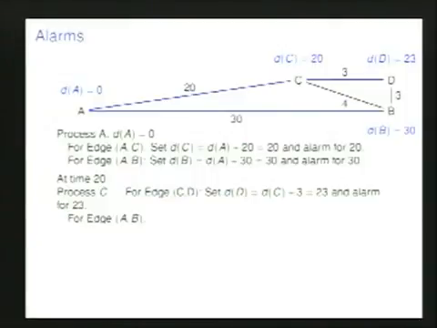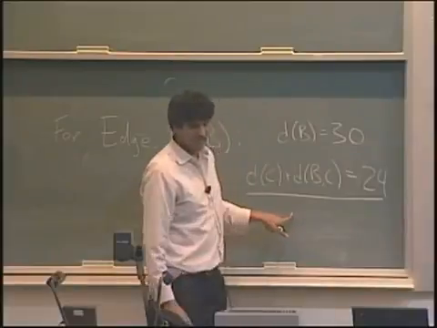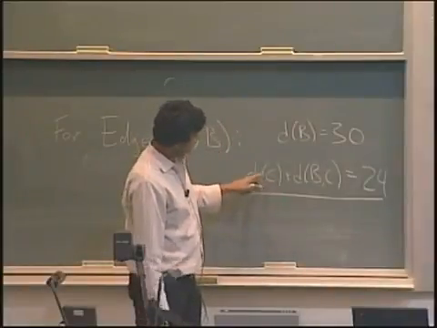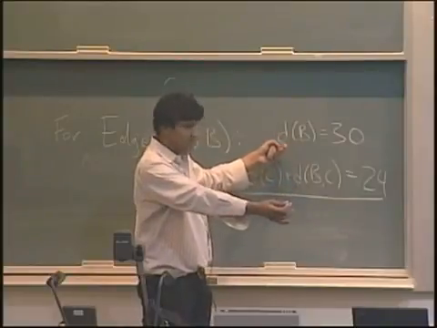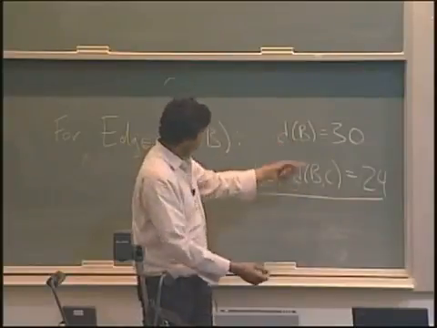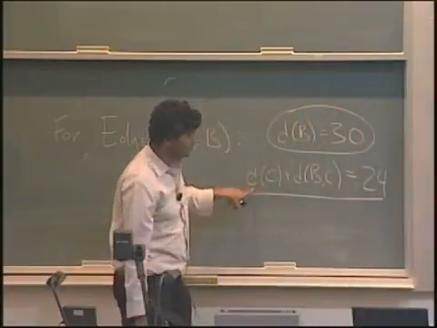Before I got to the end of this path, I would already have gotten to B using breadth first search. So I better reset my alarm to actually obey what breadth first search would have done. Breadth first search would have gotten to C, and then in 4 more steps, it would have gotten to B. So if this alarm is too high for B, I reset it to be lower.